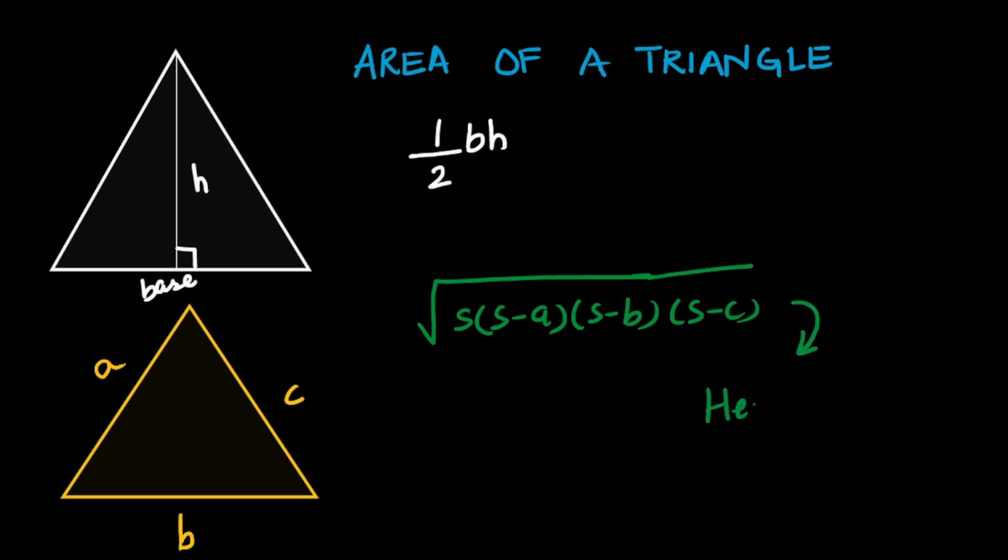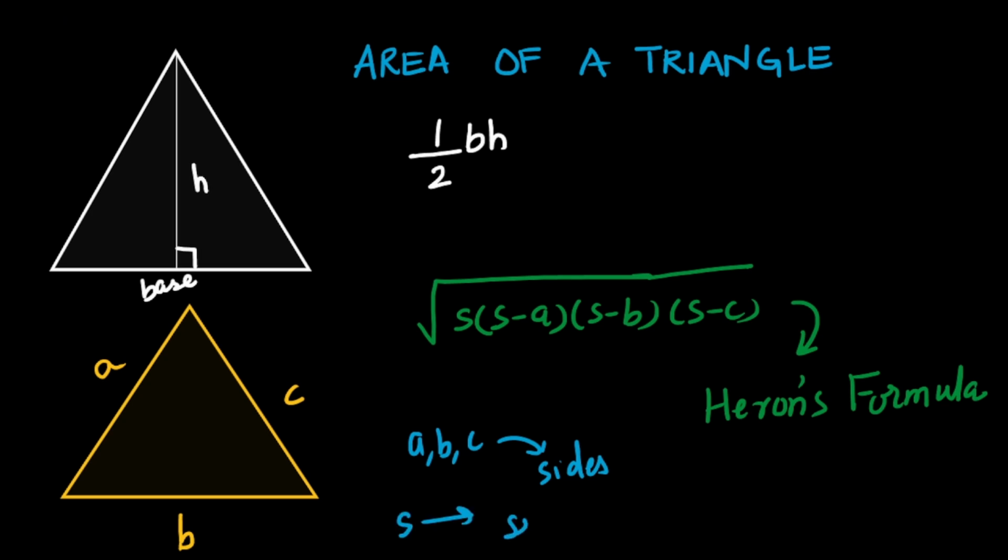And this chapter is all about this one particular formula. In order to solve the questions in your textbook, you need to know this formula. A, B, C are the sides of the triangle. Now what about S?